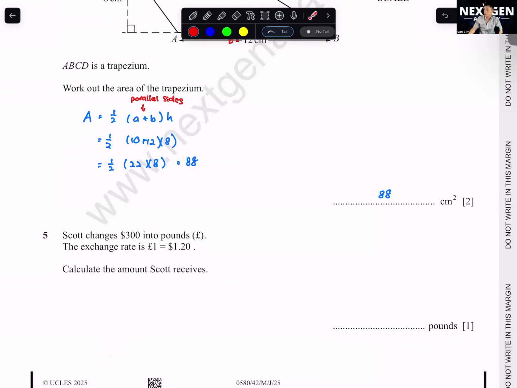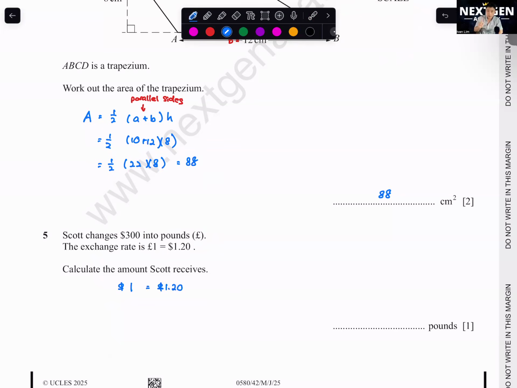Question number 5. Scott changes $300 into pounds. The exchange rate is 1 pound equals $1.20. Calculate the amount Scott receives. When you see a conversion or some sort of ratio like that, where there's 1 unit to something, how do we convert the unit?